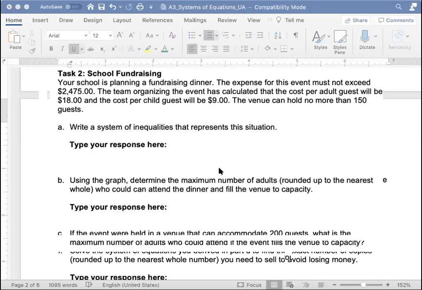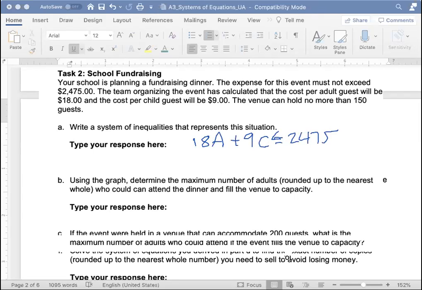So we know that I'm going to make A adult and C child. So if it's $18 per adult, that's 18A, plus $9 per child, 9C, and that can be no more than, so it has to be less than or equal to 2,475.